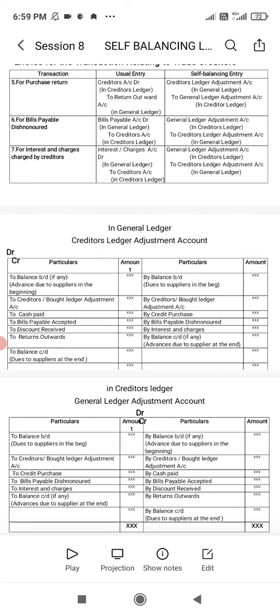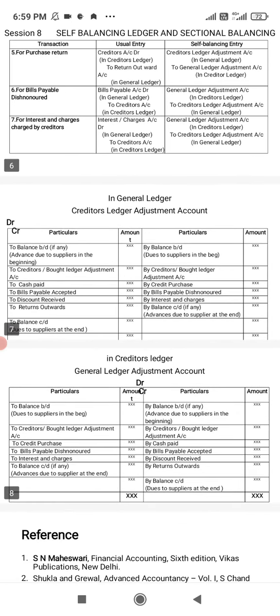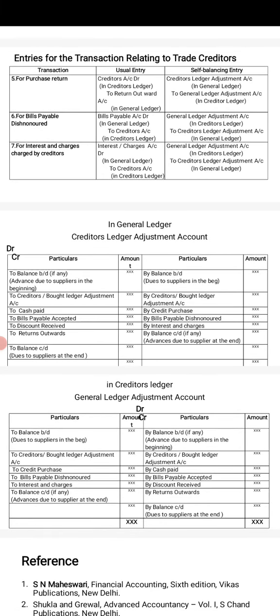If credit side is more than debit side, we will get balancing figure under the debit side. If debit side is more than credit side, we will get balance figure under the credit side.